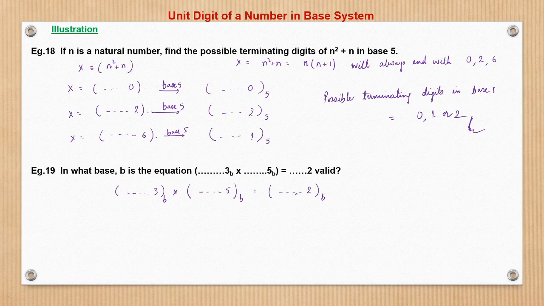So this is a very simple and basic use of multiplication in a base system. So here the base is say b, so 3 into 5 is 15, right? And now for 15, what should the base be such that the unit digit is 2?